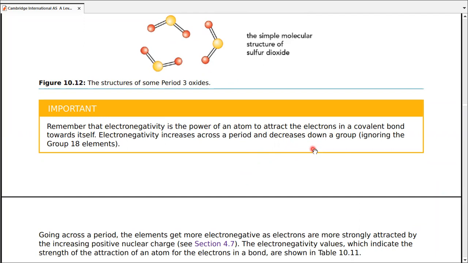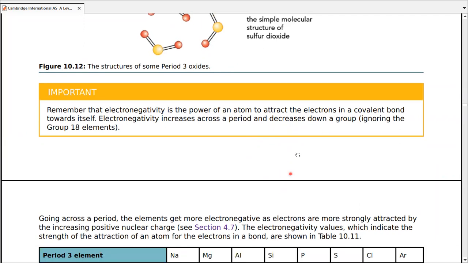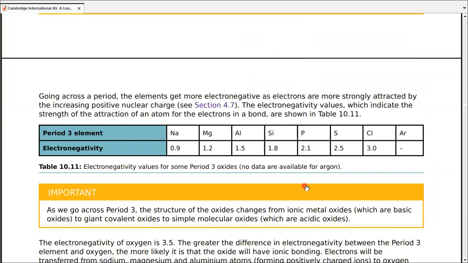That's why among the halogens, fluorine is the most electronegative. Going across the period, the elements become more electronegative as electrons are strongly attracted by the increasing positive nuclear charge, which is explainable at this point. Since we are done with this part, I hope this makes sense to you.